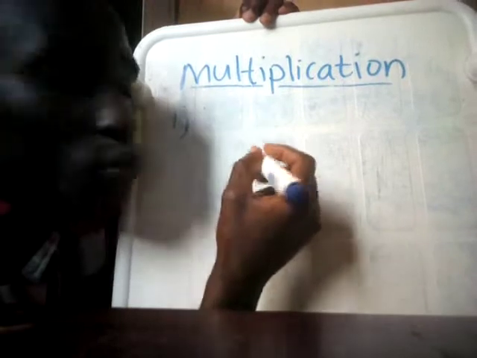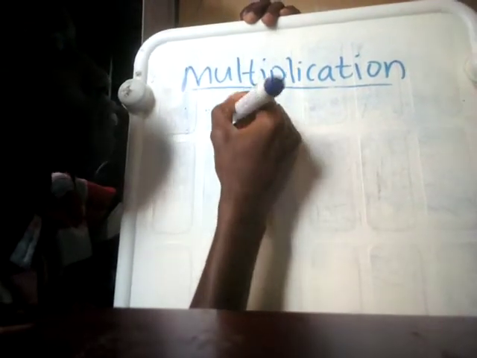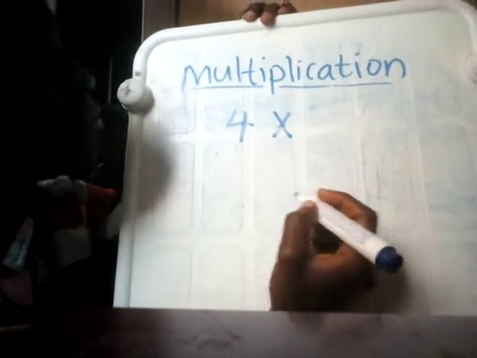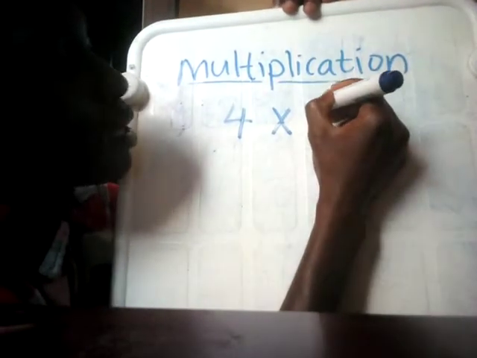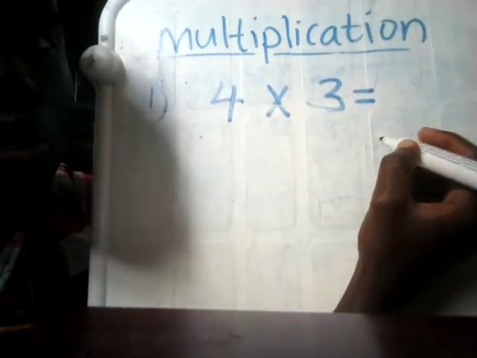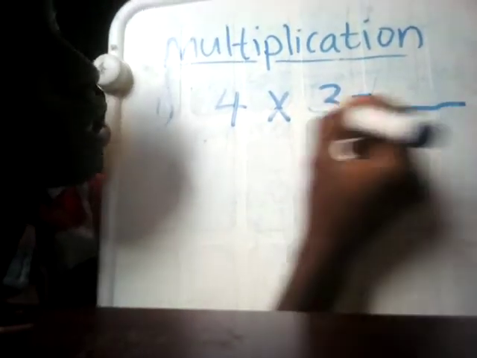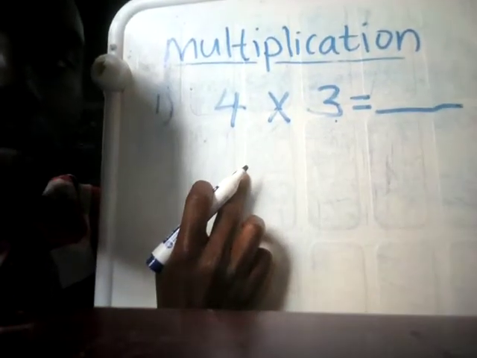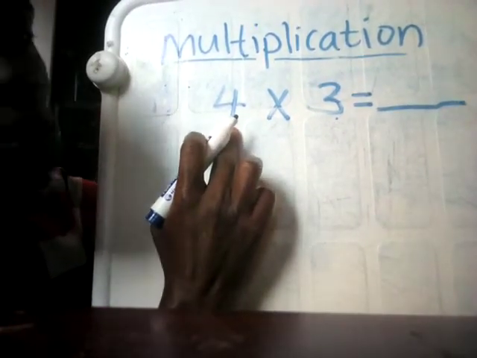So let's do another one. It is 4 times 3 equals to dash. 4 times 3 equals to dash. So in this case, again, I want us to do using the rows and columns.